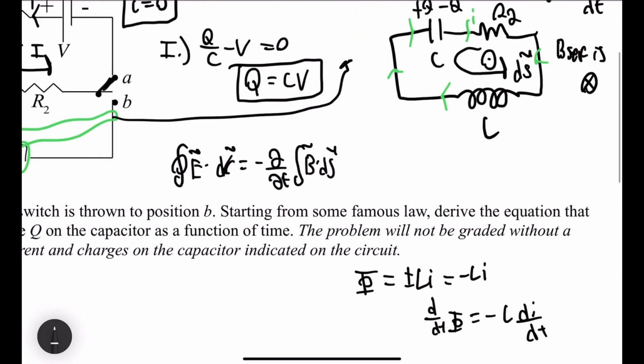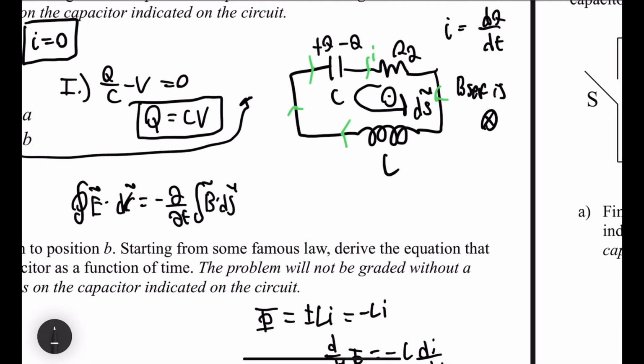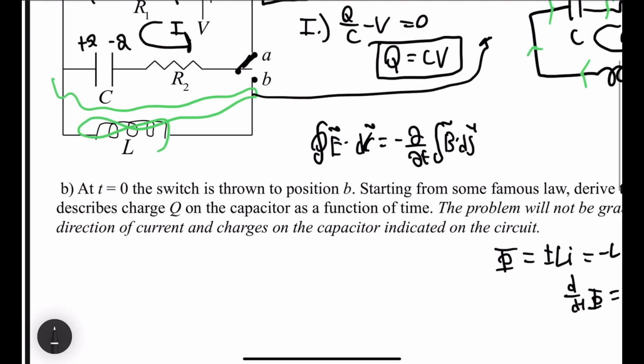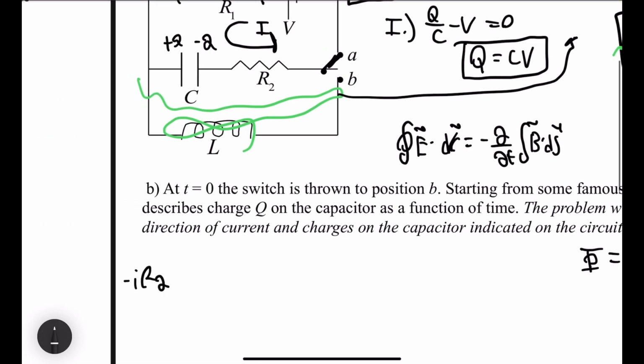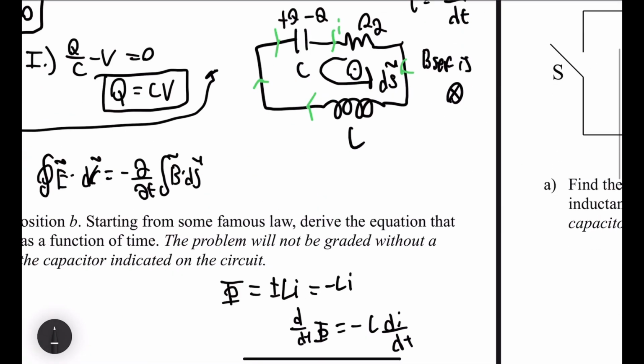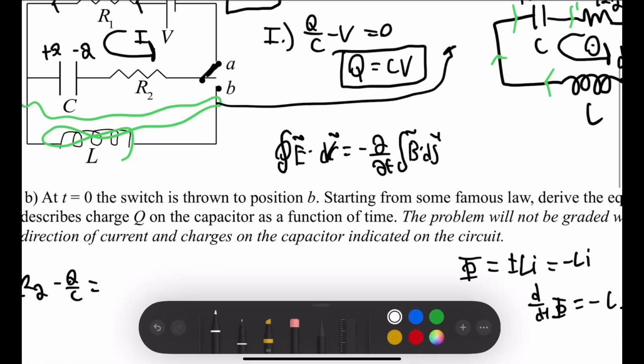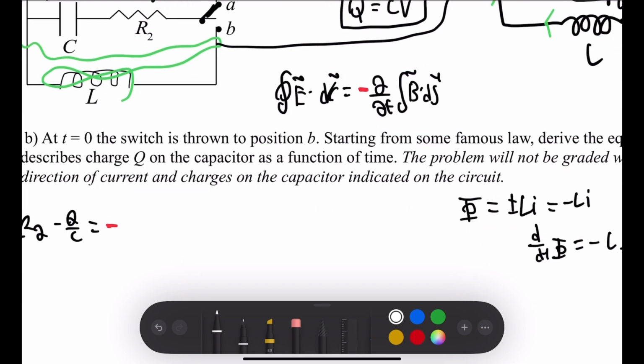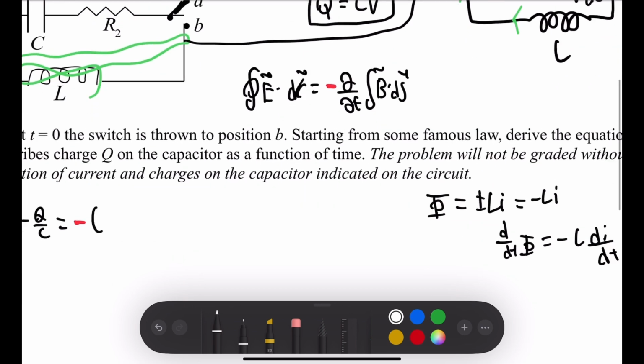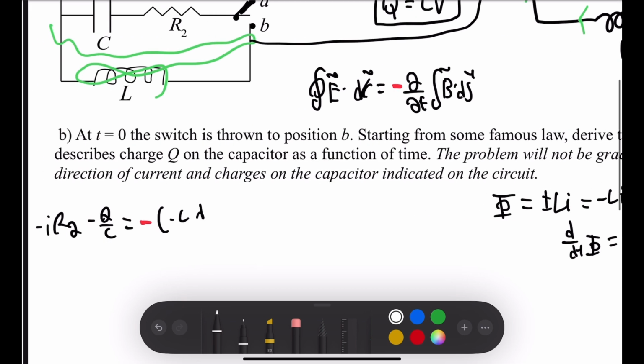So now I can go around the loop. I would get negative IR2, because I'm going the other way, and then minus Q over C is equal to negative, from the law, negative my flux derivative, negative L di/dt.